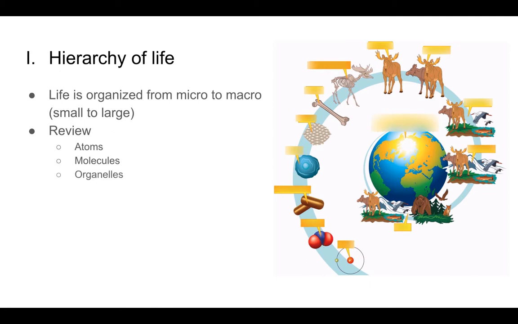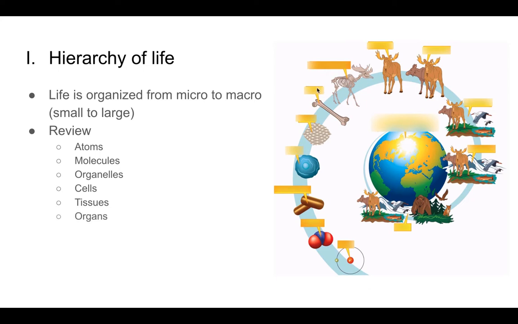Molecules collected together help to form macromolecules, which eventually form organelles. And so that's what we're seeing right here at this level of organization, organelles. And organelles gather together to form cells. Cells are the smallest unit of life, the smallest thing on this diagram that we could consider living. Multiple cell types that are supporting the same function, we call those tissues.